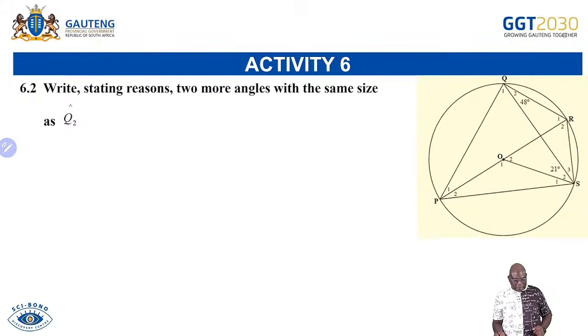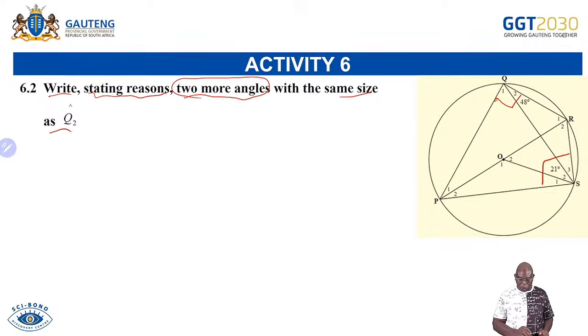Right. The second one, I know that this angle is 90. That angle is 90 here. Now it says, let's get Q2. State reasons. Two more angles with the same size as Q2. Q2 is 48.